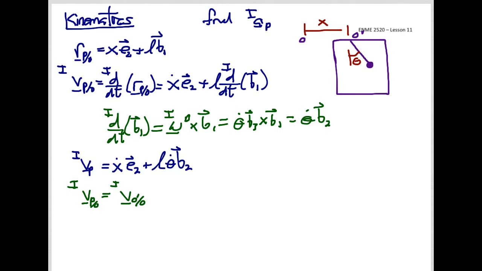That's our first part, x dot in the E2 direction. And then notice the second part, we get L theta dot in the B2 direction, and we've seen this before when we were working in the polar frame. And so this is the velocity of that point P with respect to O prime.